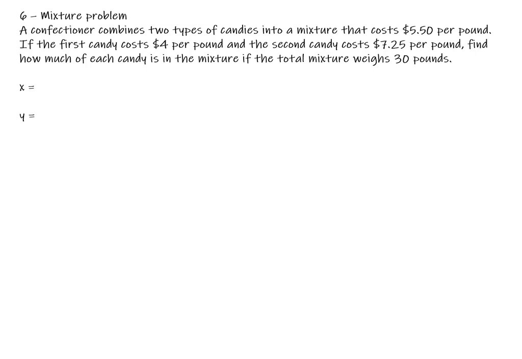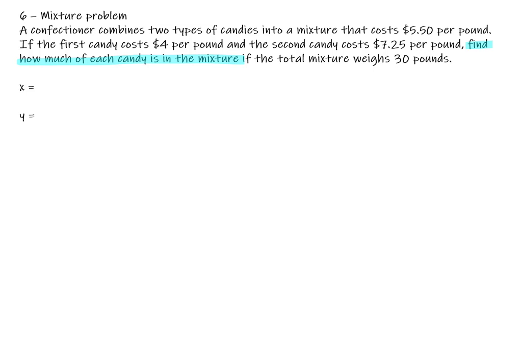So there's some clue words that I want you to get used to doing in here. And one of the first things we want to do is read the question again. It says, find how much of each candy is in the mixture. So that informs how I will choose my variables. I'm going to find how much of each candy. Now, it just says the first candy and the second candy.